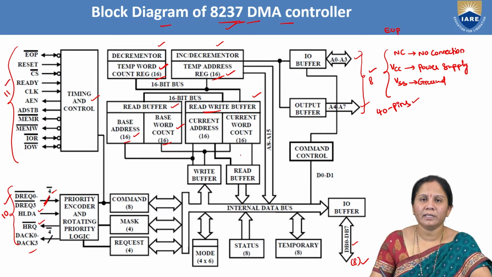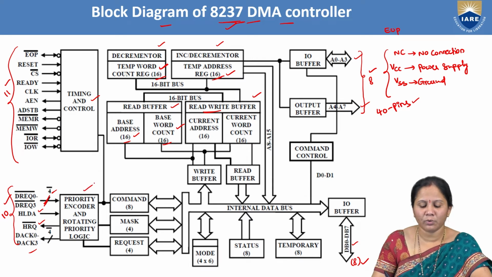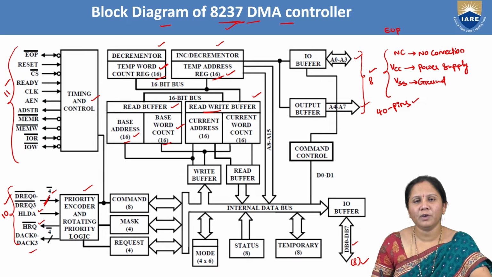So totally this entire block diagram is divided into different blocks. Here this is the timing and control block, that is one unit, and another unit is this priority encoder and rotating priority logic block. Along with this we also have registers and command words.